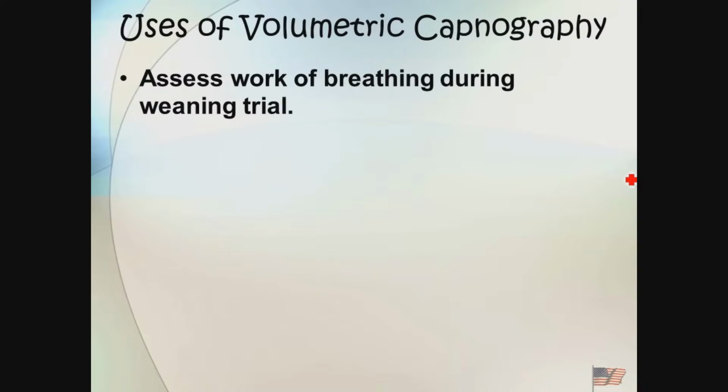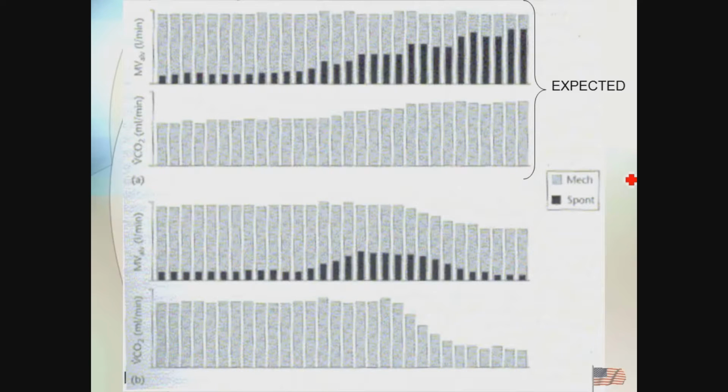So how we're going to use this to assess work during a breathing trial, this is what you expect to end up seeing. The top graph shows minute ventilation. The second one down shows CO2 production or CO2 elimination. The lighter portions of the upper graph show how much is mechanical. The bottom portion shows how much is spontaneous.